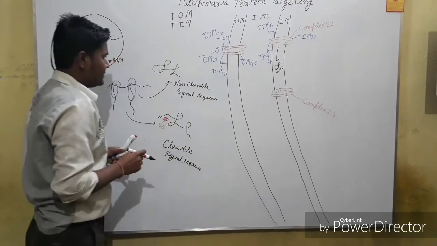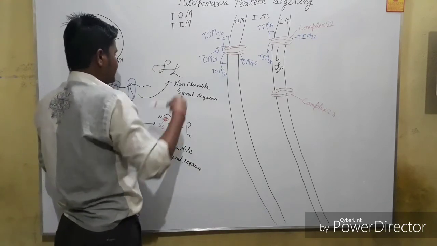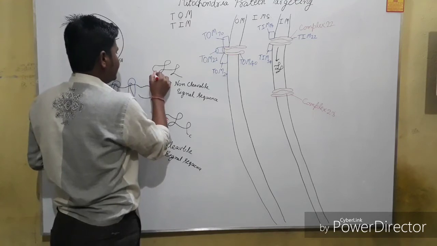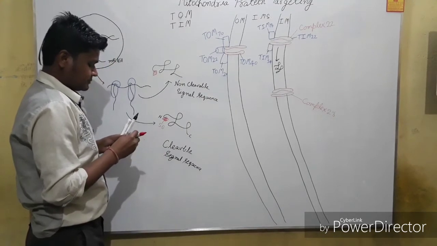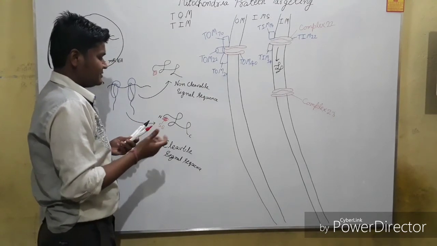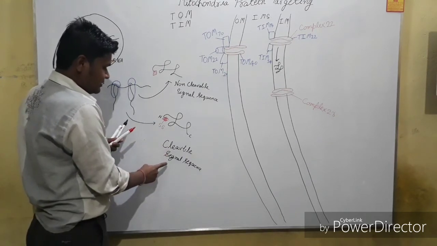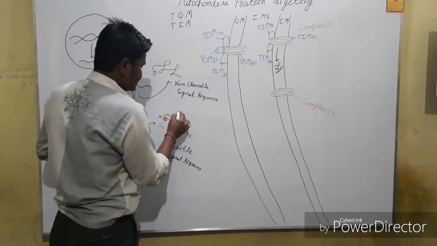Both proteins can target the mitochondria, but to different regions. The cleavable protein mostly contains an STS sequence.